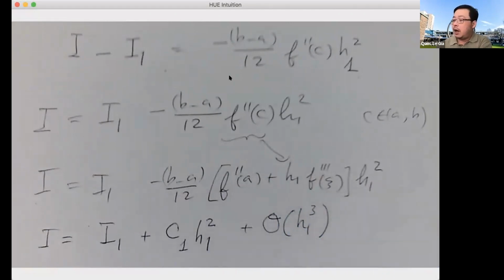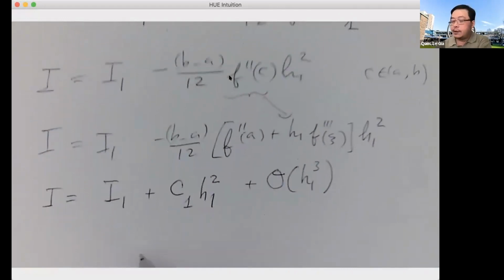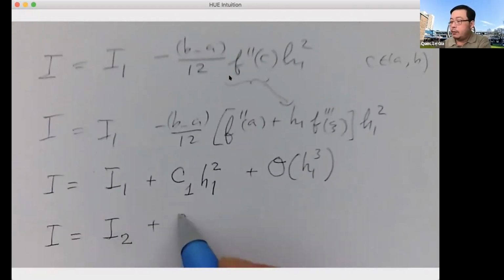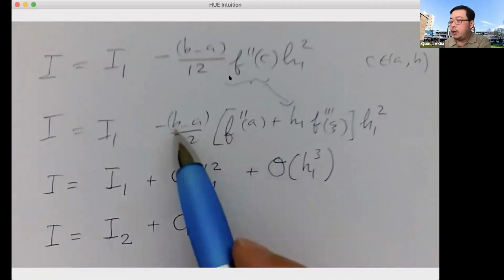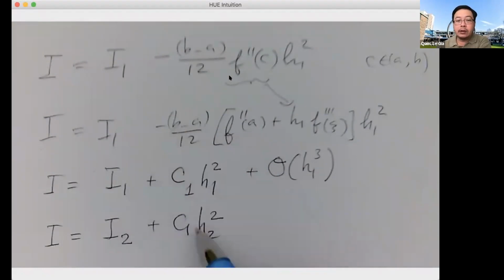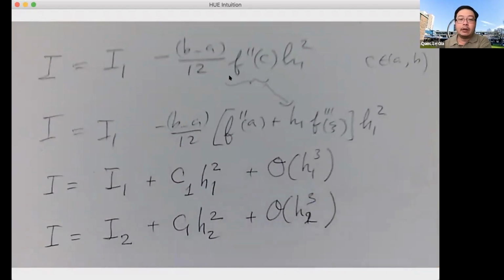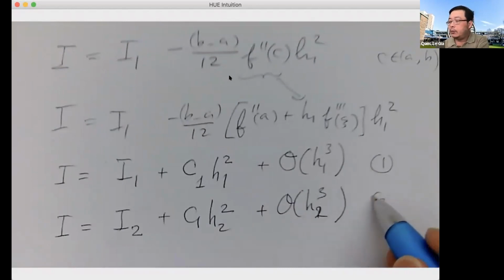Now I can do the same for the quadrature of step size h2. It is very similar, but now it will be h2 square. Remember, the constant doesn't change because the function f doesn't change, and b and a don't change, so the constant C1 is still the same when you change h1 to h2. Plus O(h2 cube). I label this one number 1 and this one number 2.